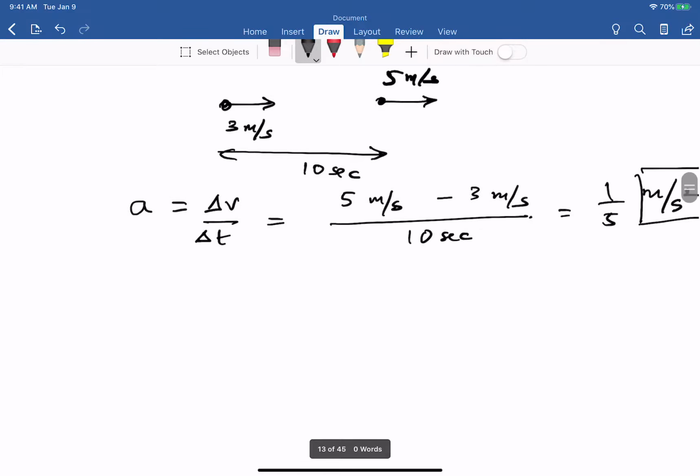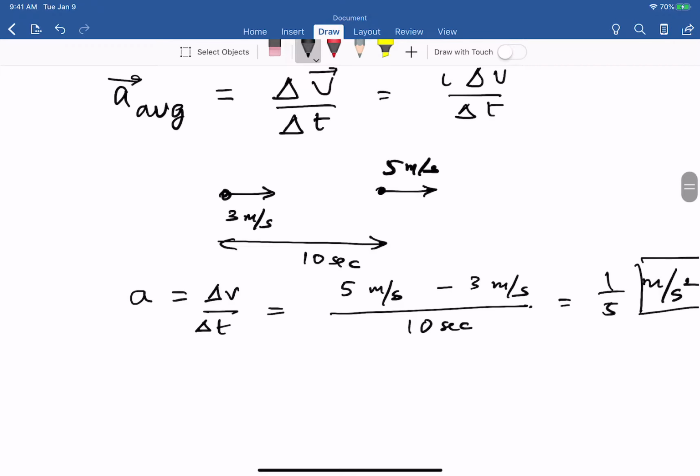We know that the average acceleration is delta v divided by delta t. The instantaneous acceleration would be delta v divided by delta t, but with delta t made very, very tiny. The interval delta t is a very small interval around the point of time where you want to find the acceleration.